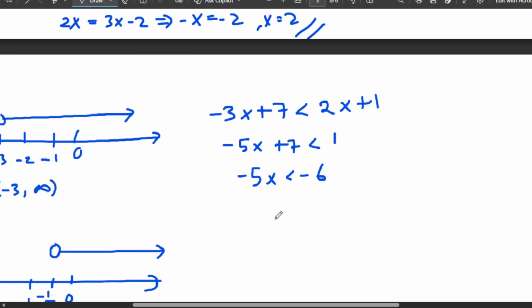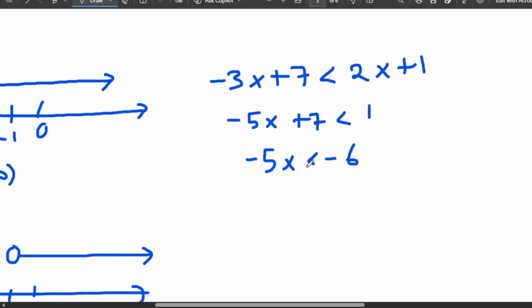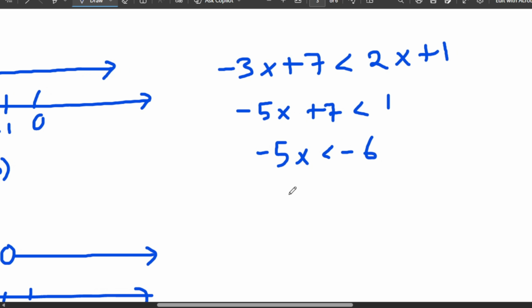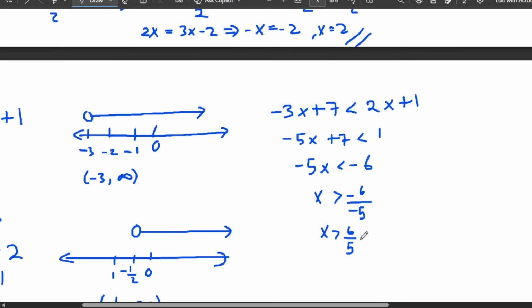If we multiply or divide by a negative value, the direction of the inequality will change. So if we divide by negative 5 on both sides, we will have x is greater than negative 6 over negative 5, which is x greater than 6 over 5.